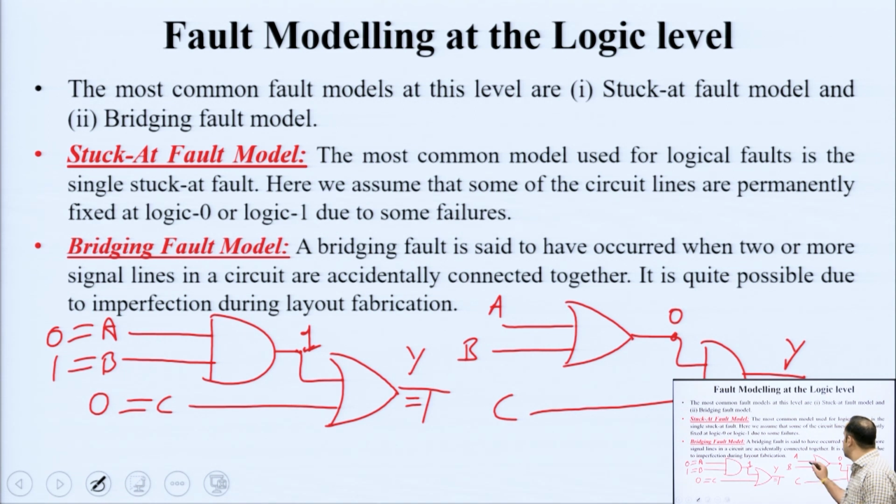Similarly, in this circuit, if I apply A equal to 1, B equal to 0 and C equal to 1, logically I should get a 1 here, there is a 1 here. So, my output should be 1. When one of the inputs of an AND gate is 1, the output depends on the second input.